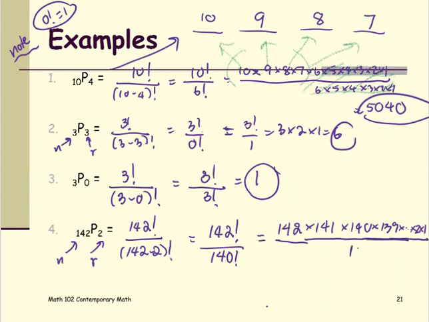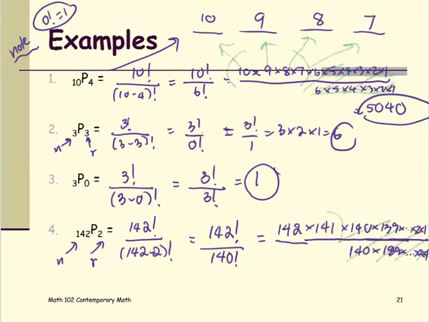I align the 140 in the same column here, next to 139, and down until you hit 2 and 1. Again, you can see that the 140 down to 1 will cancel. What you have to do is just multiply 142 and 141.